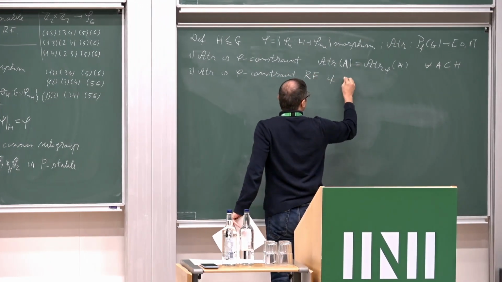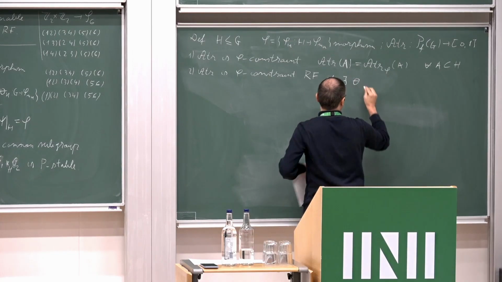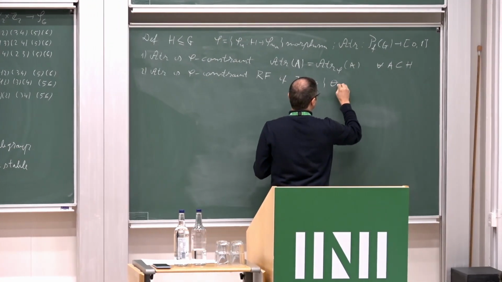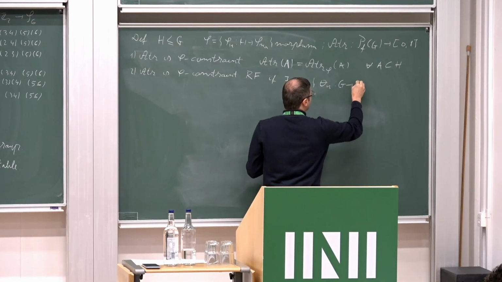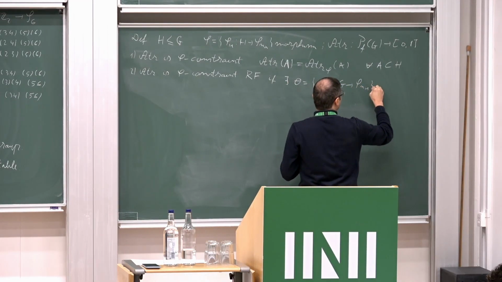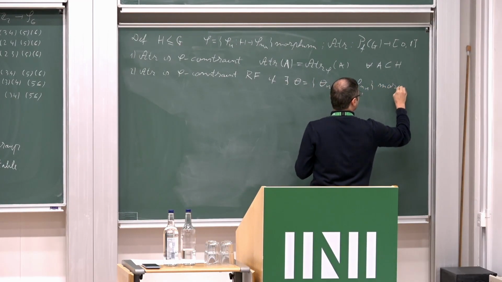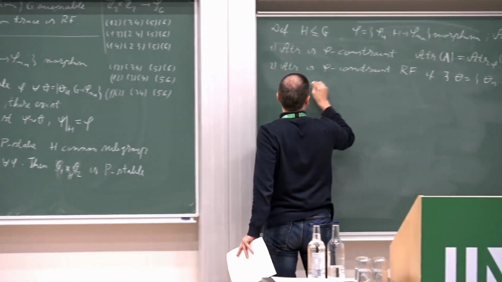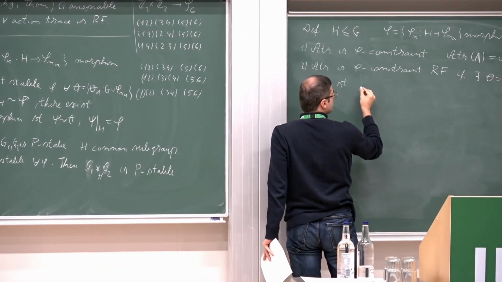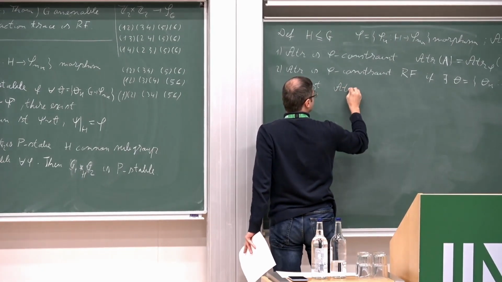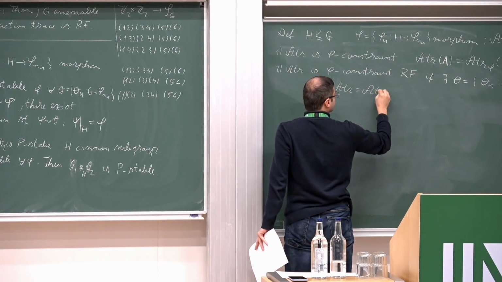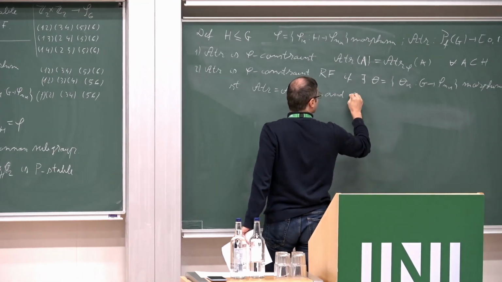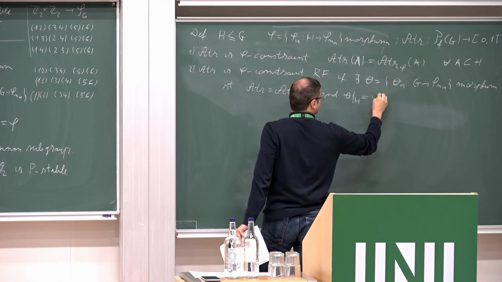If there exists a morphism from G, so a morphism, not just a Sophic morphism, such that the action trace is the one provided by theta, and theta restricted to H is phi.